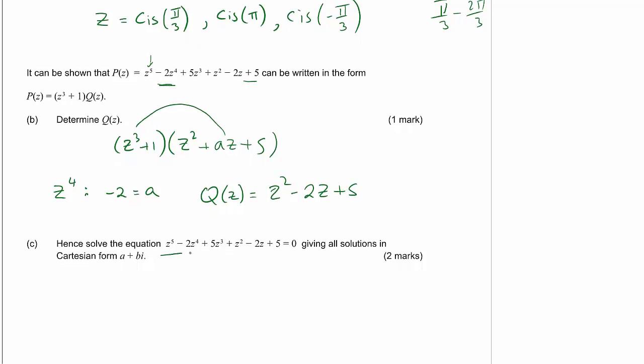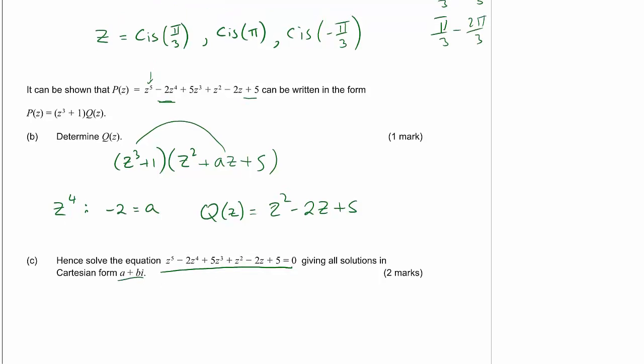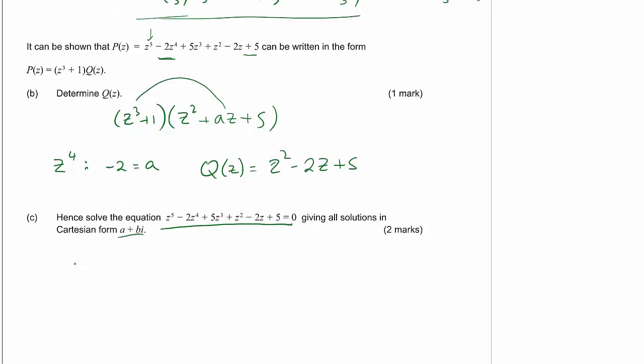Hence, solve this equation, giving all solutions in Cartesian form. So we had the solutions in polar form here, so we can find those ones easily enough. And then we've also got to find solutions to z squared minus 2z add 5 equals 0. And we could use the quadratic formula for that.